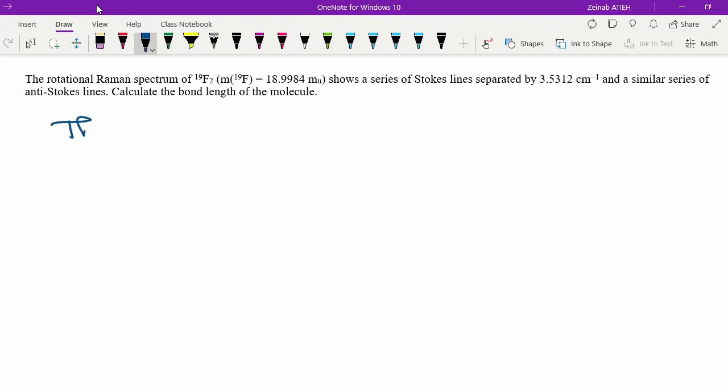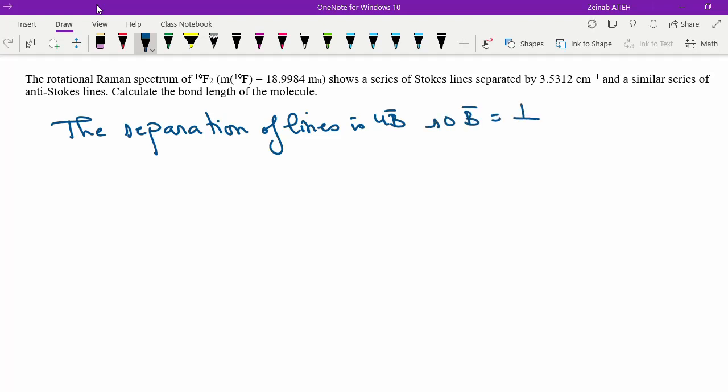So the separation of lines is 4B bar. So B bar will be equal to 1 over 4 times the number given up, 3.5312 centimeter minus 1, and the answer is 0.88280 centimeter minus 1.